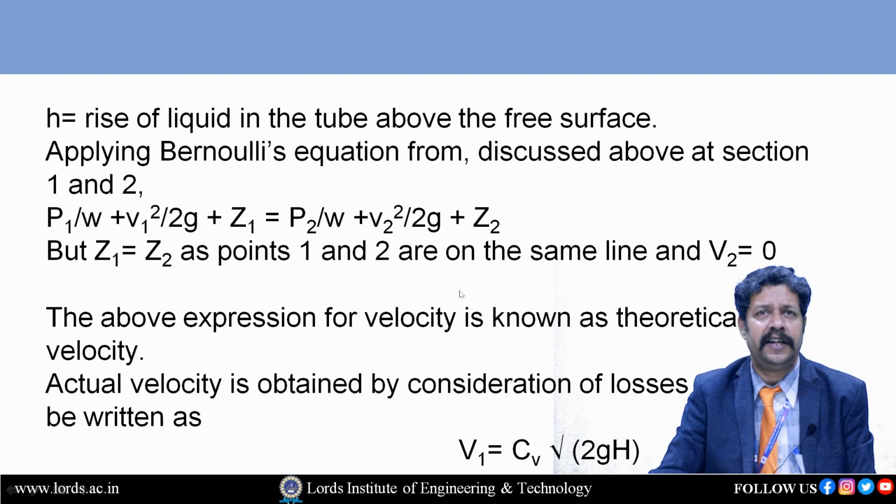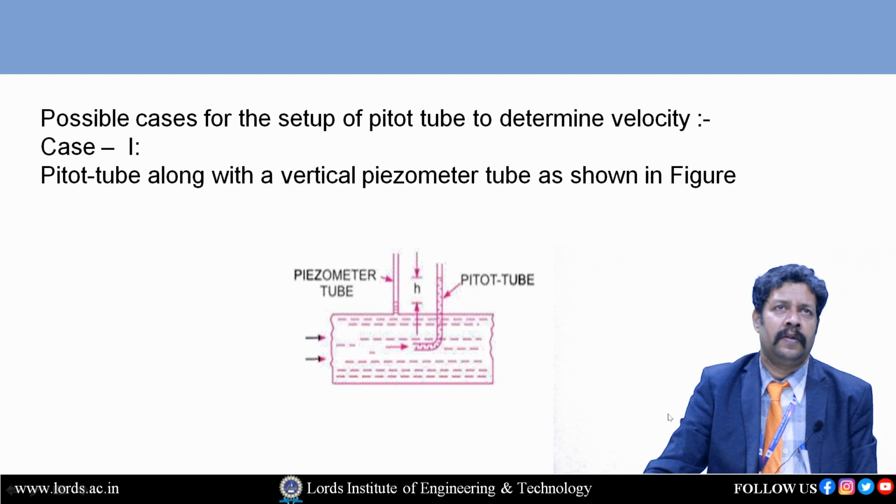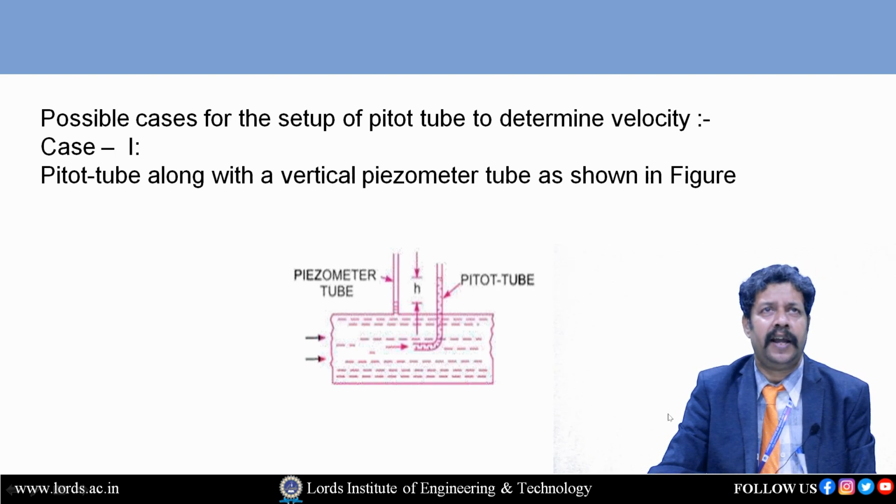The velocity obtained from this formula is known as theoretical velocity. Actual velocity can be calculated by using some coefficient of velocity. So actual velocity V1 is equal to CV into square root of 2GH. Using that formula we can easily measure it.